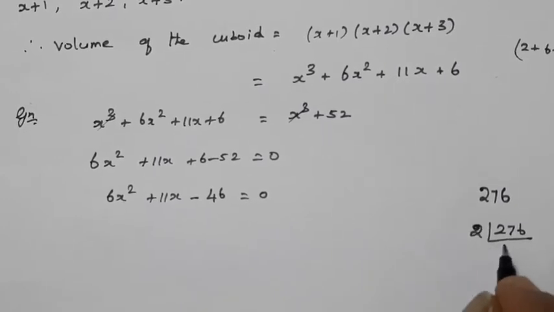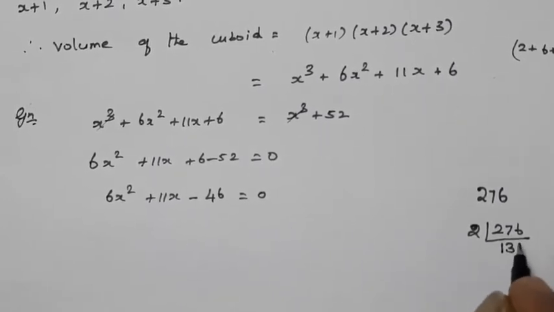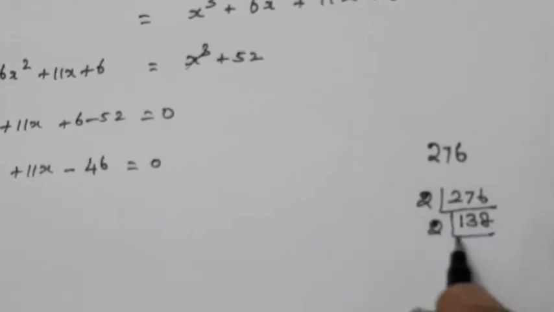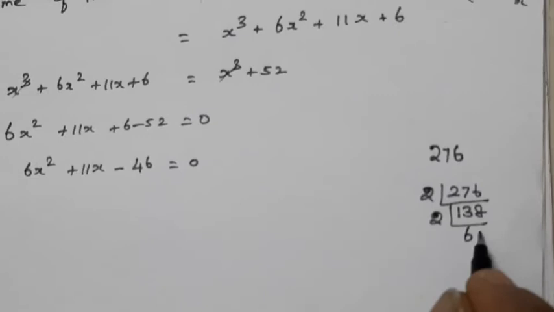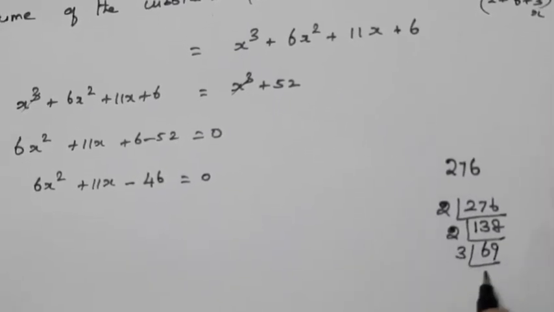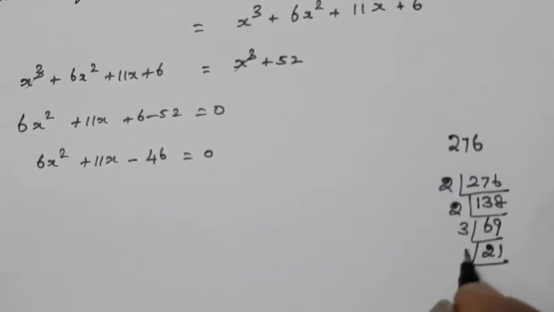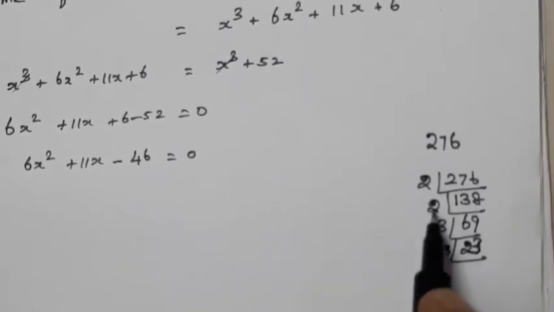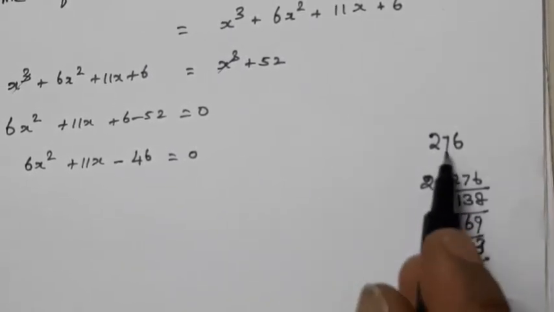Dividing by 2 gives 138, again by 2 gives 69, dividing by 3 gives 23. So the factors are 2 into 2 into 3 into 23, which will be 276.